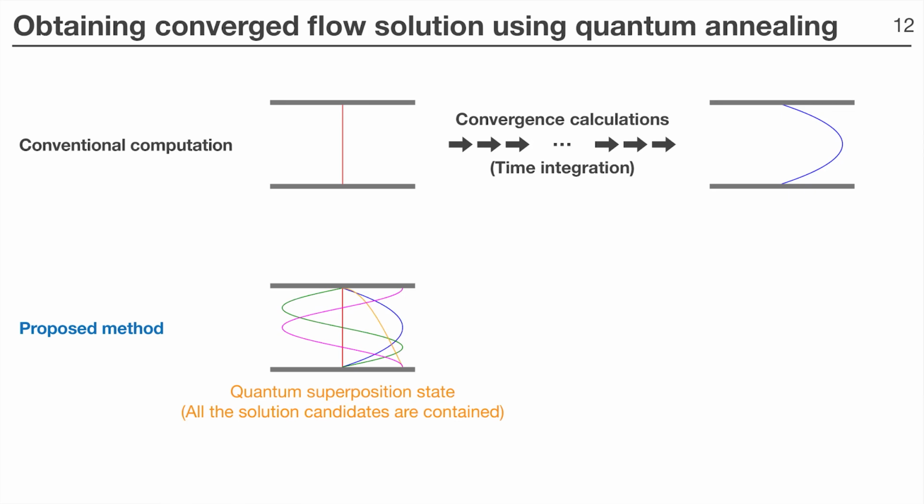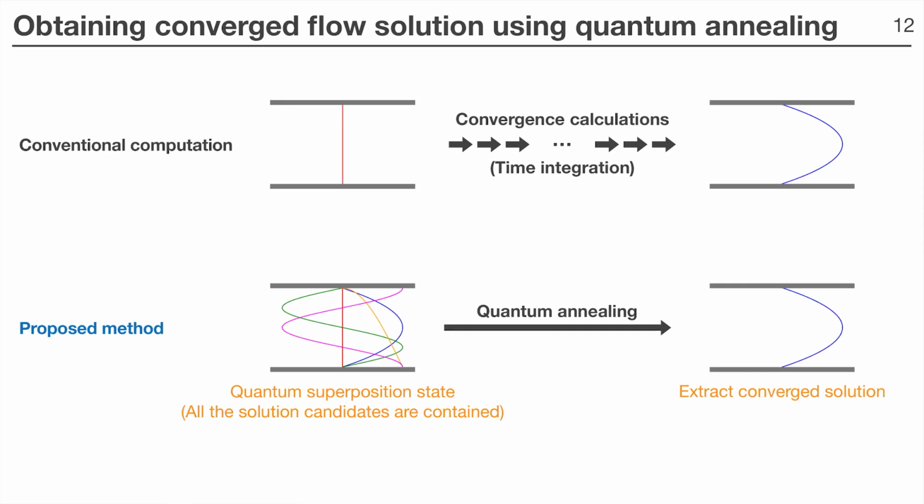In the quantum superposition state, you have all the solution candidates at the initial stage. So you have everything, and you also have the convergent solution. So what we want to do is just extract the convergent solution using quantum annealing, without doing any time integration. This is our idea.